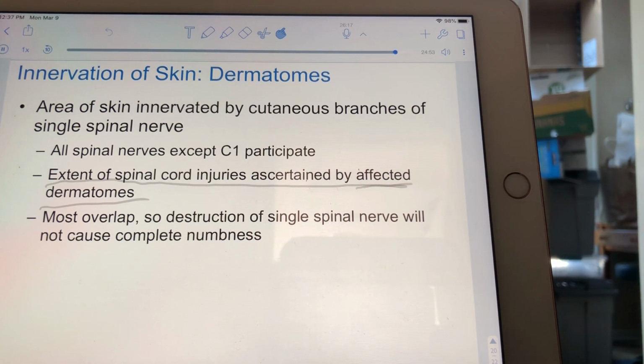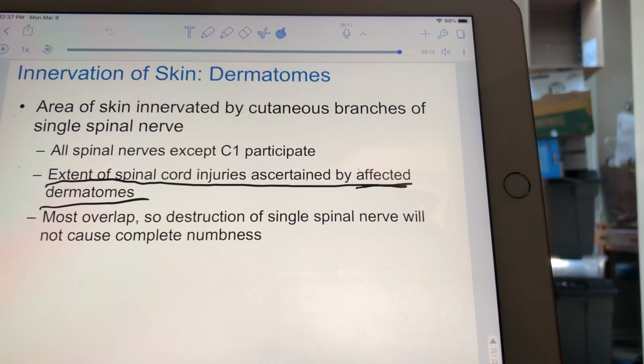Knowing where the dermatomes are often allows us clinically to assess which spinal nerve is potentially being affected. Okay, so where along the spinal cord has something gone wrong?